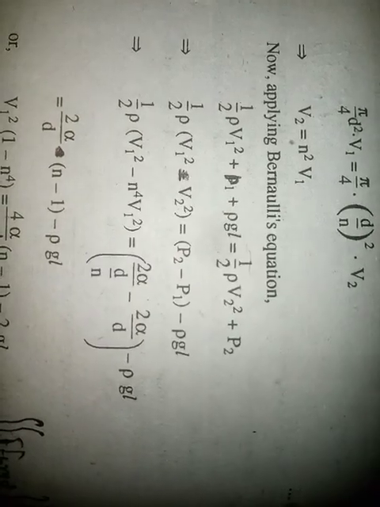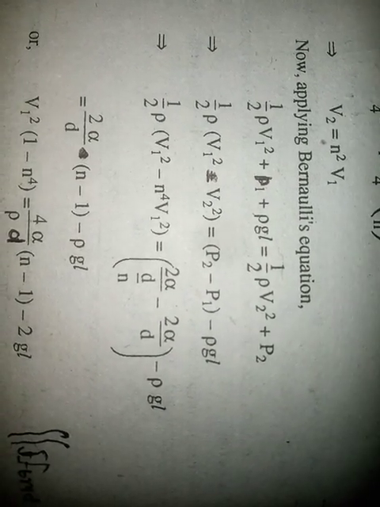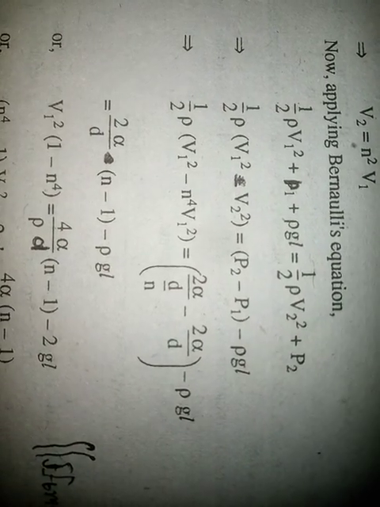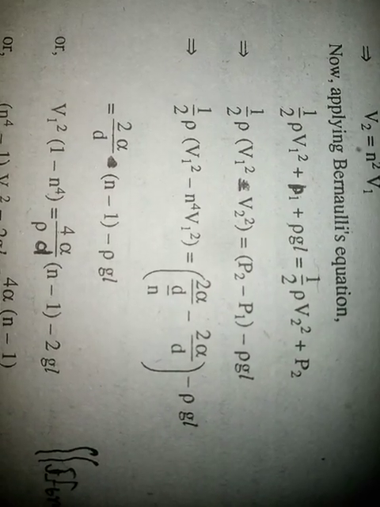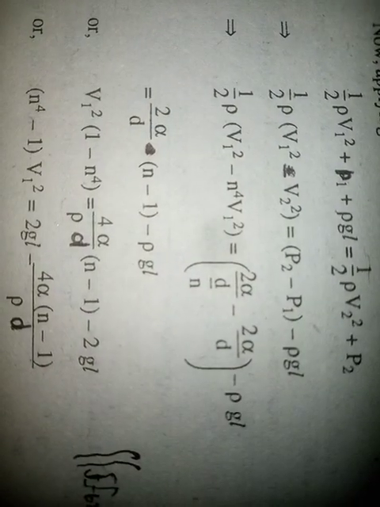Now applying Bernoulli's equation, we have 1 by 2 rho v1 squared plus p1 plus rho g l equals 1 by 2 rho v2 squared plus p2. This implies 1 by 2 rho (v1 squared minus v2 squared) equals (p2 minus p1) minus rho g l.